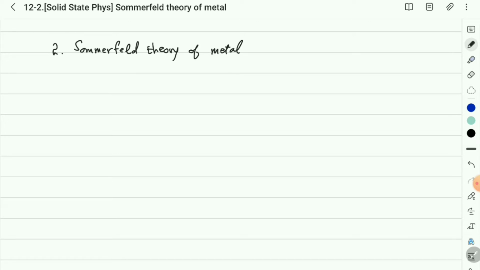Sommerfeld is a very famous physicist. He was an advisor of Heisenberg and Pauli, and he was a very great teacher who guided many famous physicists.